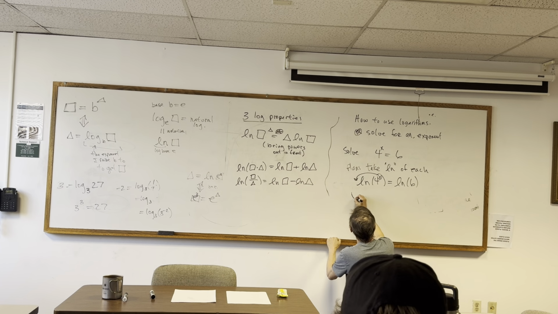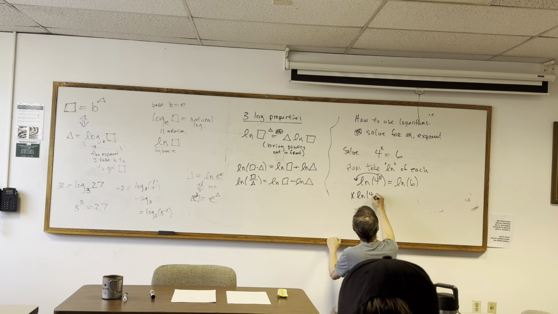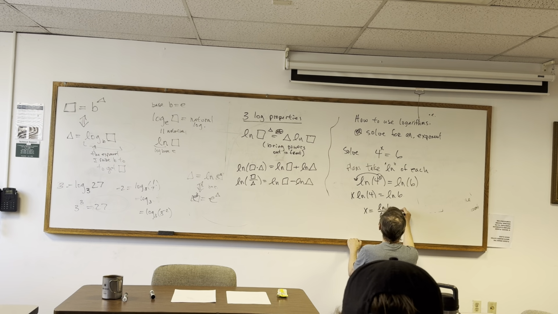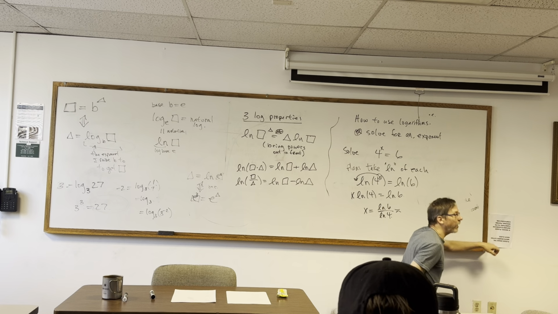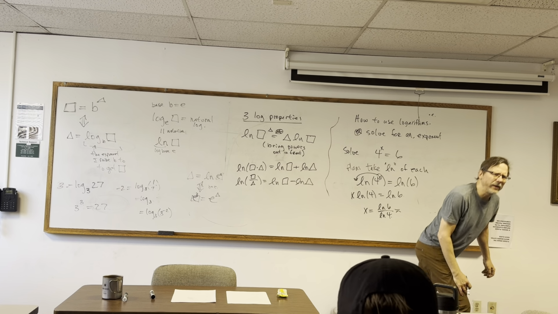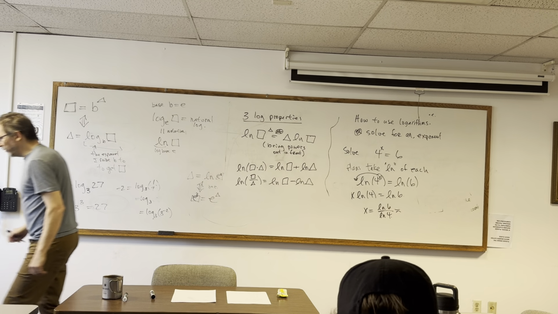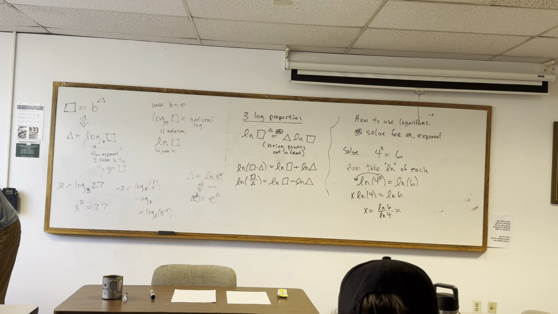So bring it out in front, and then divide by natural log of 4. And that's going to be some number. We don't care a whole lot about what that number is, but let's just do it together to make sure that we can do this on our calculators.